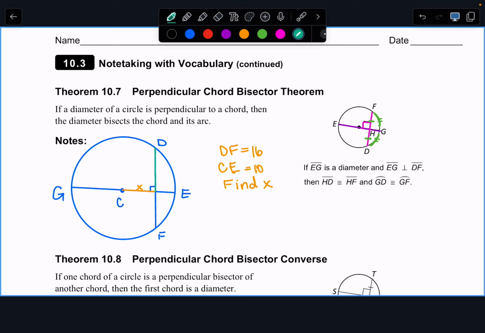It's 8. We can make a triangle. What is the length of CD? How do you know? Because it's a radius. If CE is 10, then CD is 10.